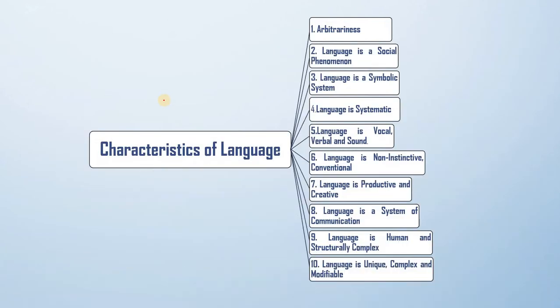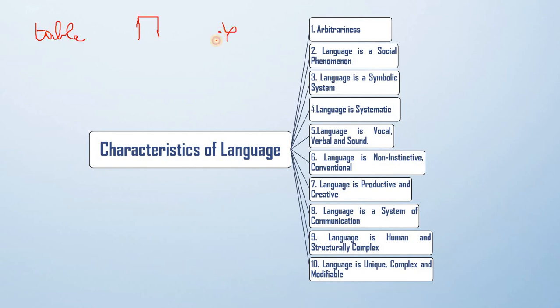Okay, now we move to the characteristics of the language. We have here 10 characteristics. We have arbitrariness, which means that there is no relationship between the signifier and the signified. So for example, imagine that this is a table. In English we call it table, in French table, in Arabic طاولة.